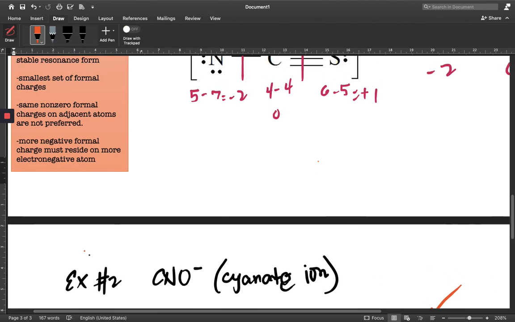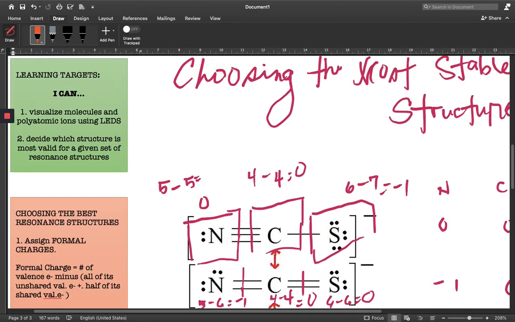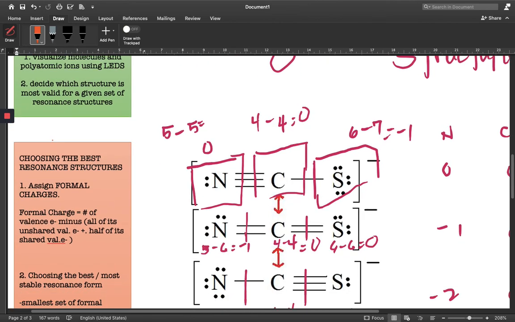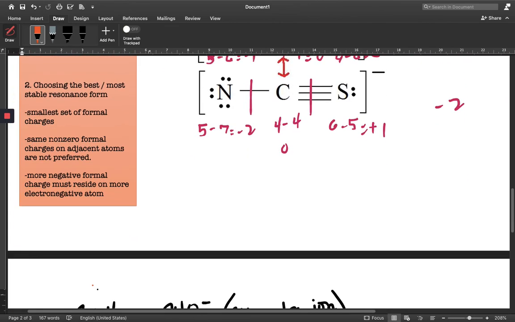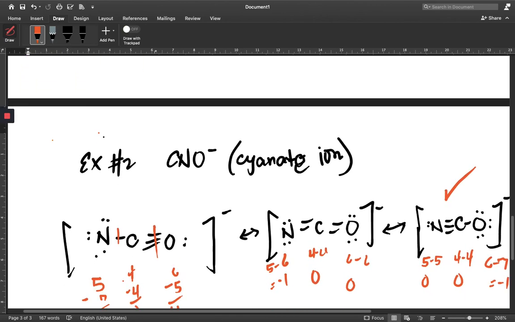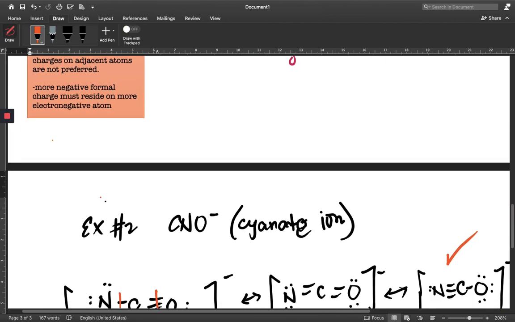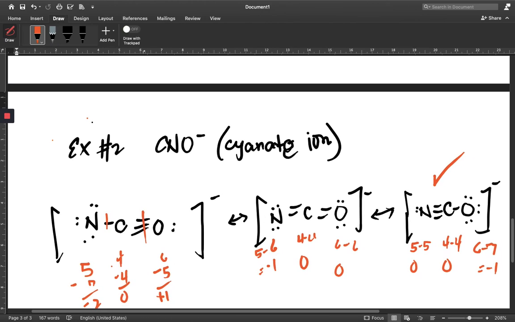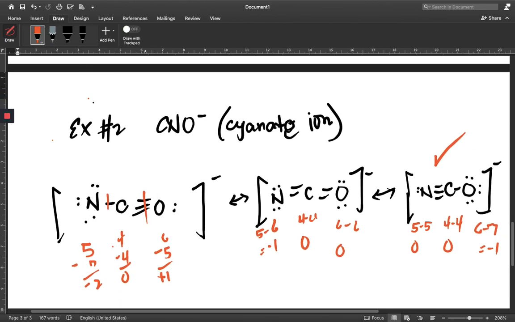So if we try to go back to our learning targets, we have actually completed the second learning target, which is to decide which structure is most valid for a given set of resonance structures. Again, lowest set of formal charges, no non-zero formal charges must be adjacent, and the most negative formal charge must reside on the most electronegative atom. Alright, so that's it for resonance structures and formal charges. Thank you for listening.